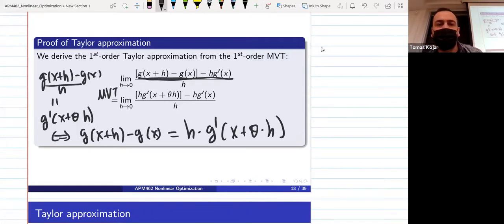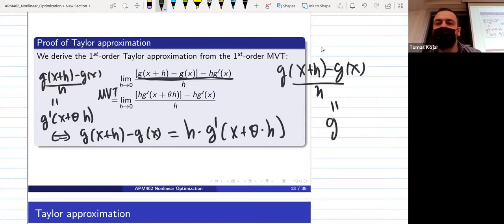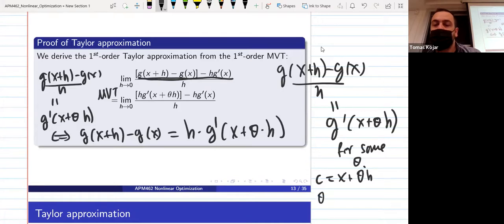And then mean value theorem tells you that the secant slope is equal to g prime of x plus theta h for some theta. This one we called it c. It's the same thing because you can solve for it. So you have c minus x over h.